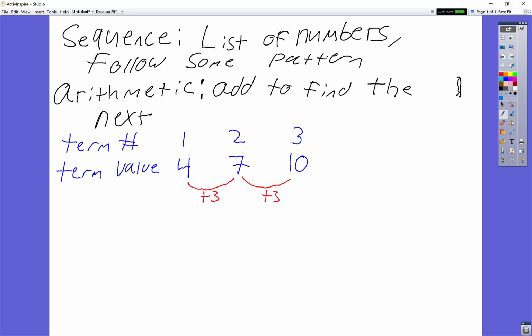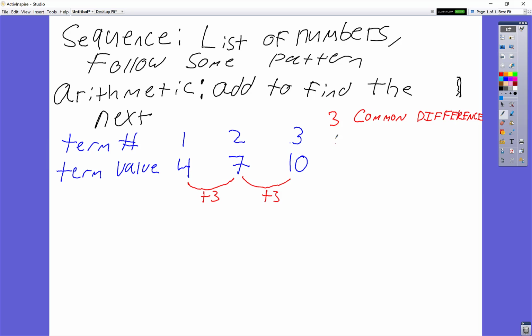And so we have 3 right here, the value that you add. That is called the common difference. That's the value that you add each time. And you find it by taking a term and subtracting the previous term.